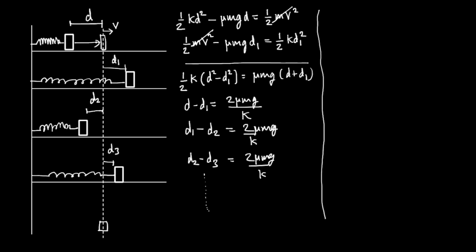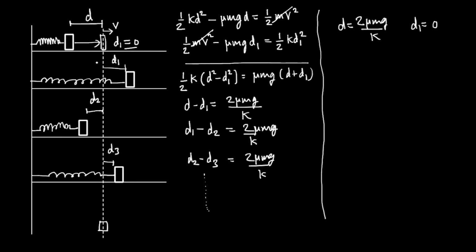In this situation d1 is 0, I mean the block is not crossing the mean position and stopping there itself. So if d1 is 0, what is the value of d? d is 2μmg upon k, when d1 becomes 0. I mean the block is not crossing the mean position even once.